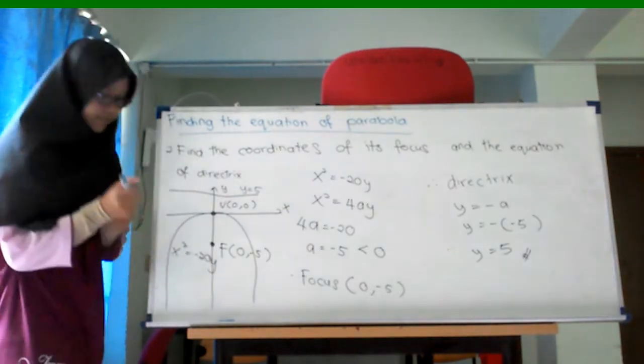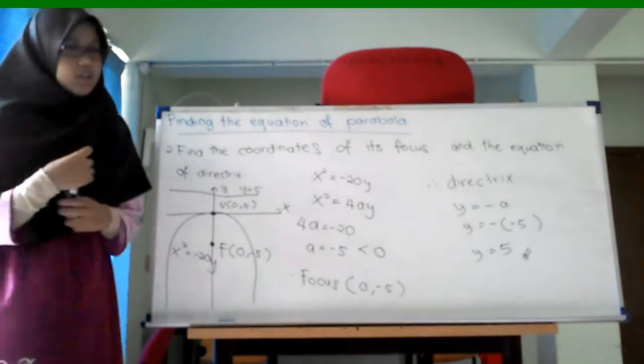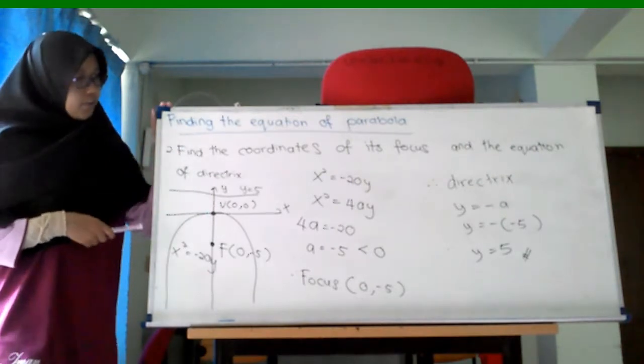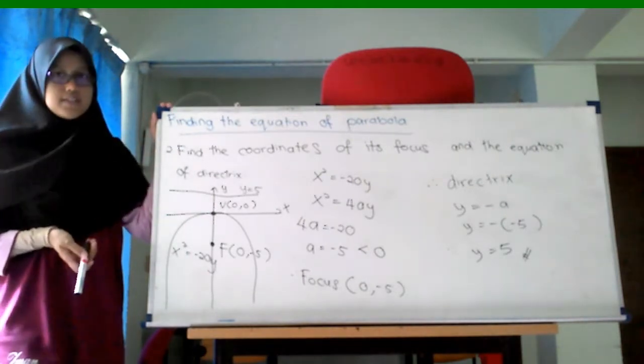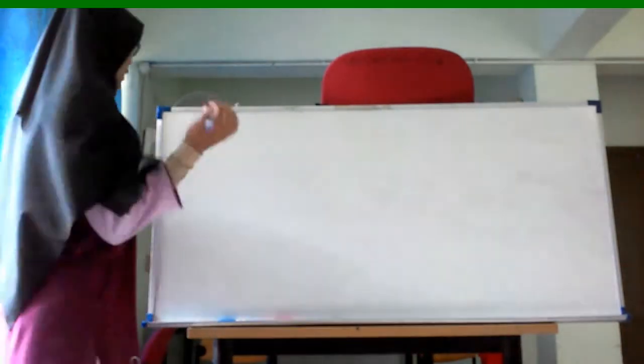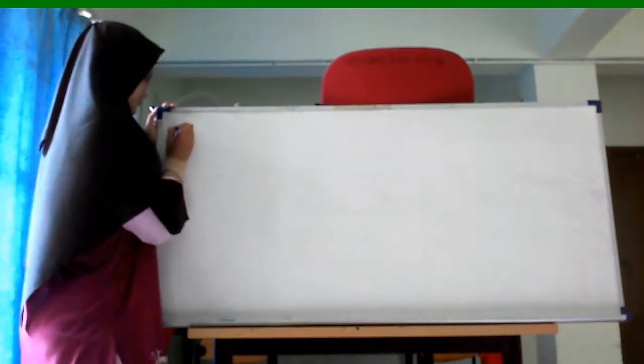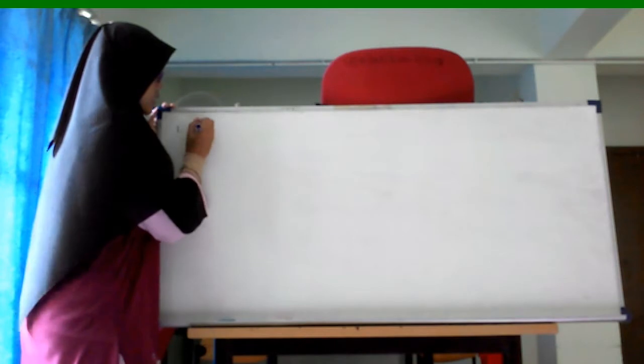Okay, from what we have learned about parabola, we can make a conclusion where there are two standard forms of parabola. Number 1 is y squared equal to 4ax, and number 2 is x squared equal to 4ay.